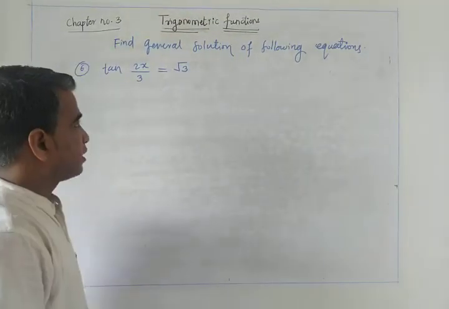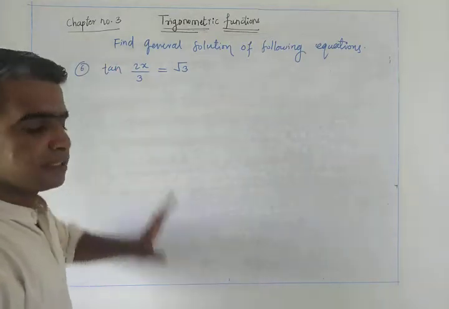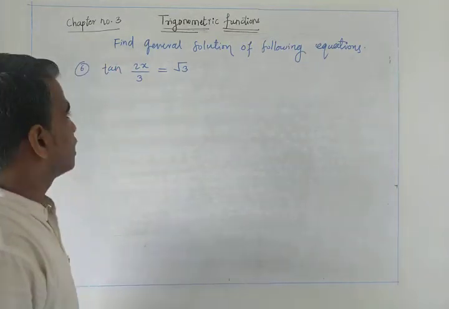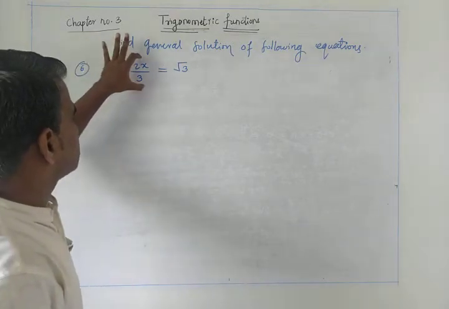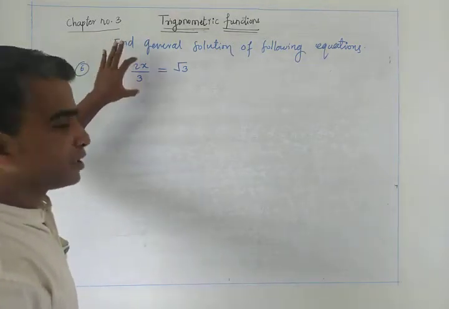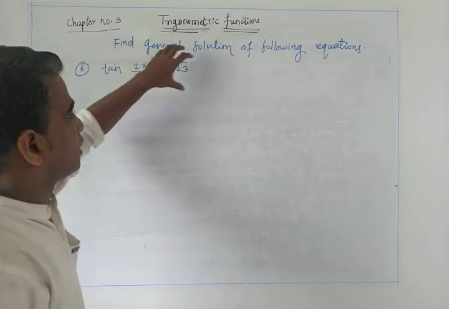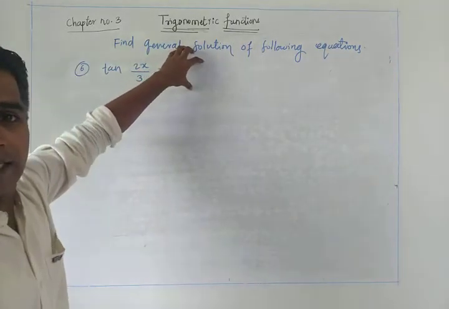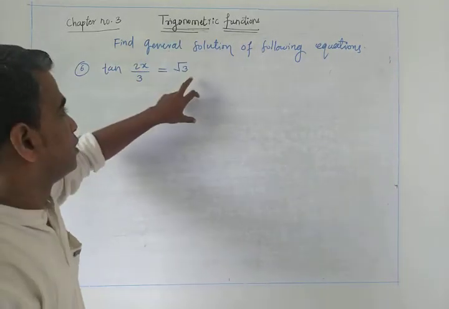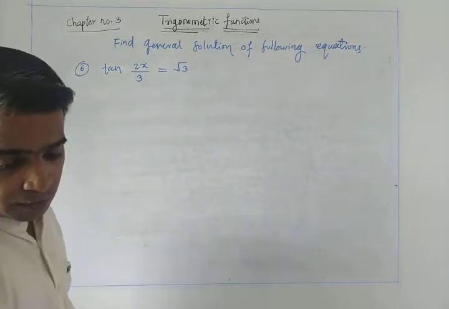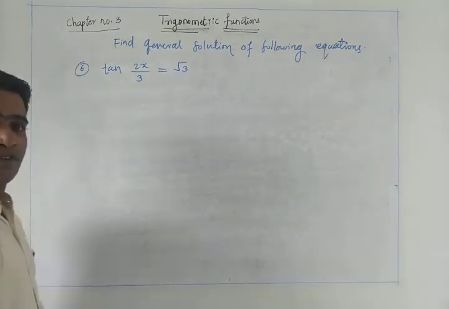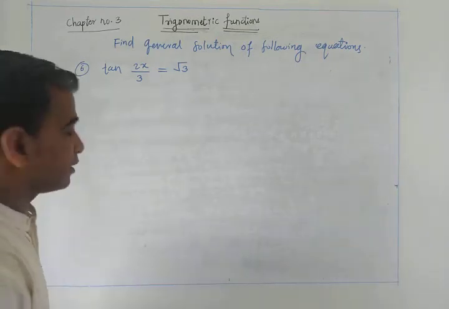We have to first understand which trigonometric functions are on both sides, and whether both sides are the same function or not. Now on the left hand side tan theta, where theta is 2x by 3. So tan is the function on the left hand side, so the right hand side must also be a tan function. So now we have to understand what angle gives the tan value root 3. Tan is root 3 for the angle 60 degrees.